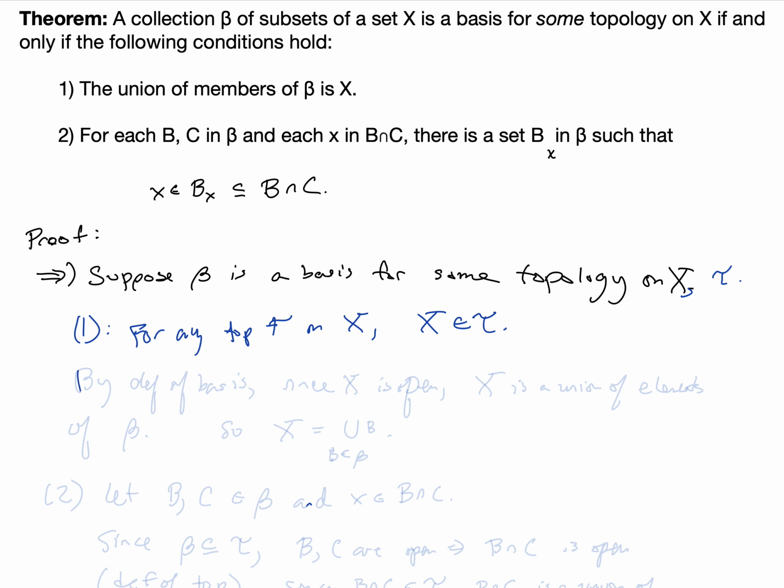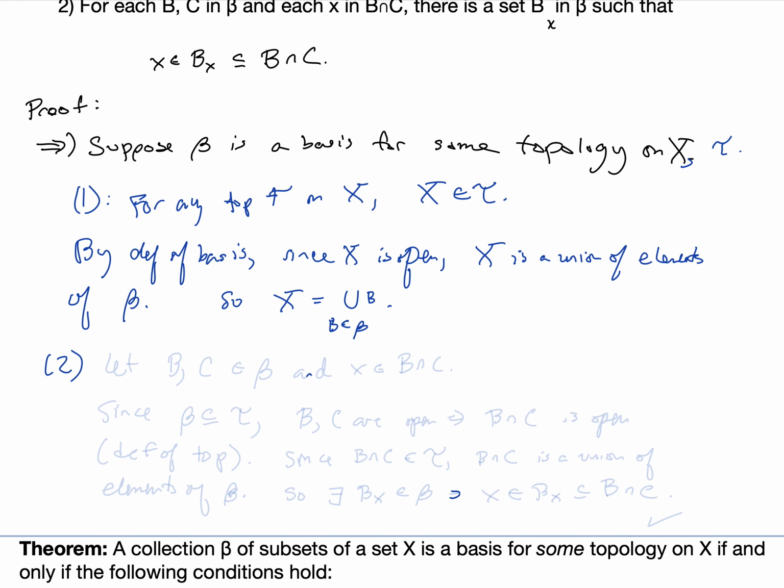And by definition of basis for a topology, since X is open, X is a union of basis elements of beta. So X is equal to the union of B for each B in beta, since each B is a subset of X, and X is the union of the elements of beta. So 1 is immediate. 2 is very quick as well.